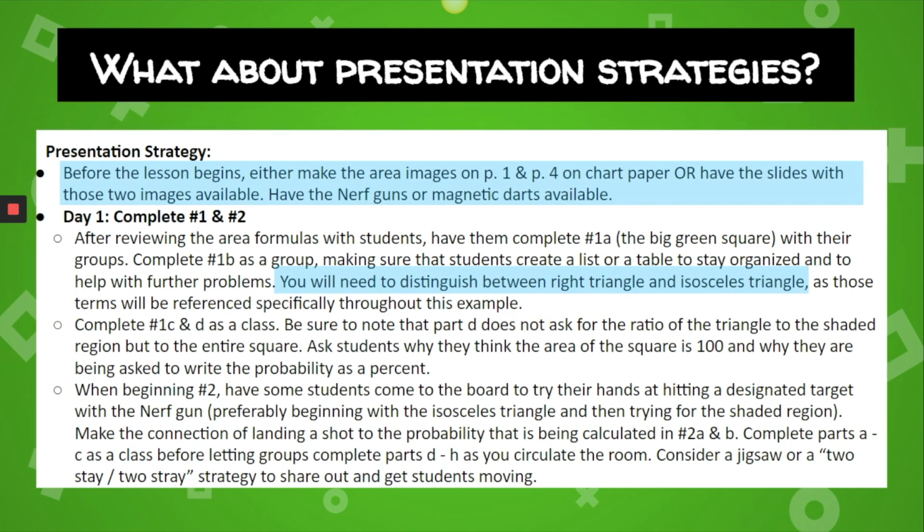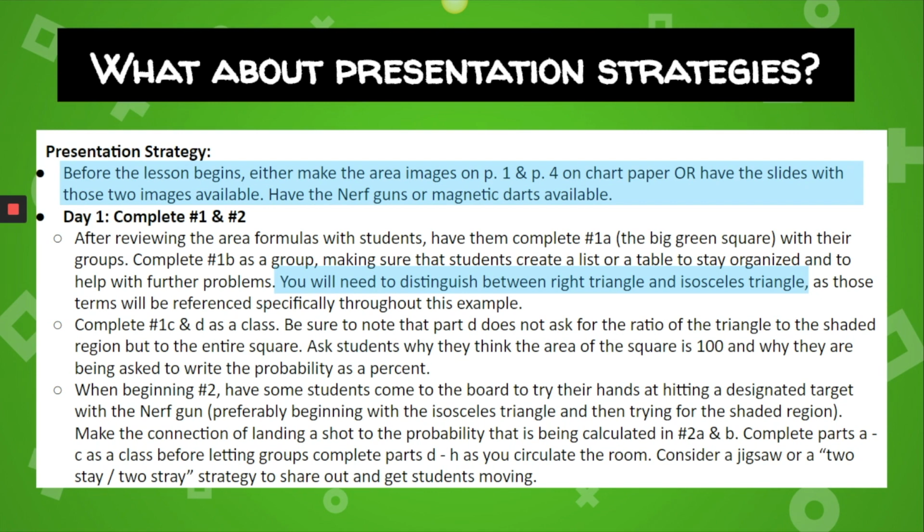So for presentation strategies, on day 1, before the lesson begins, either make area images on page 1 and page 4 on chart paper, or have the slides with those images available and have Nerf guns or magnetic darts available. For this, I would recommend doing them on Google Slides or some other way so that you can project those images on the board.